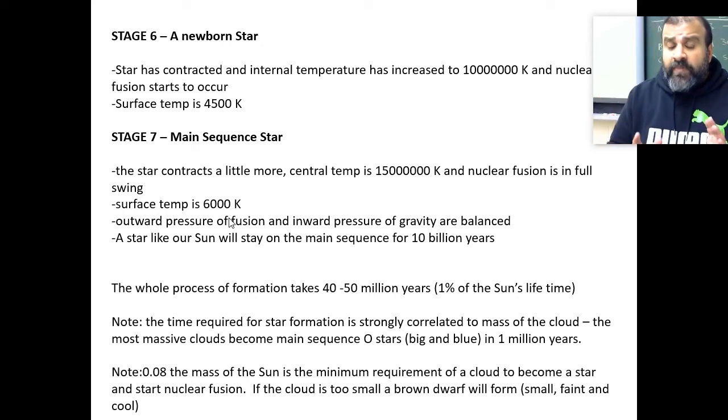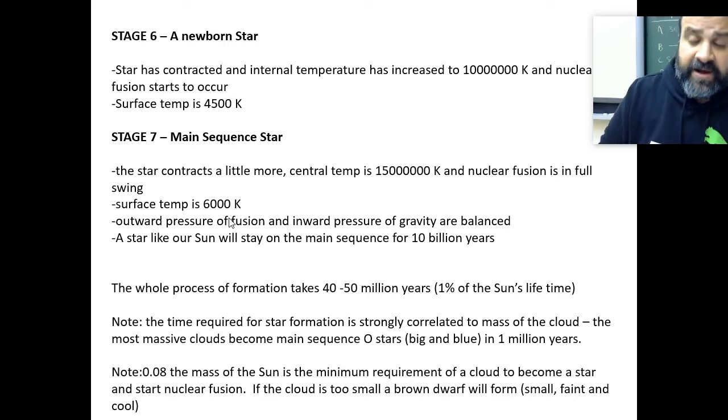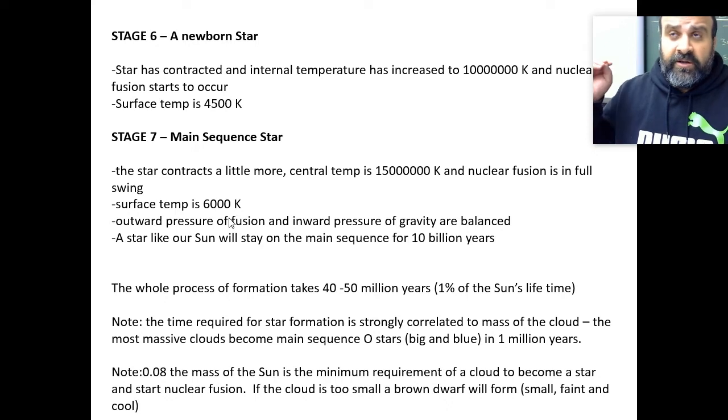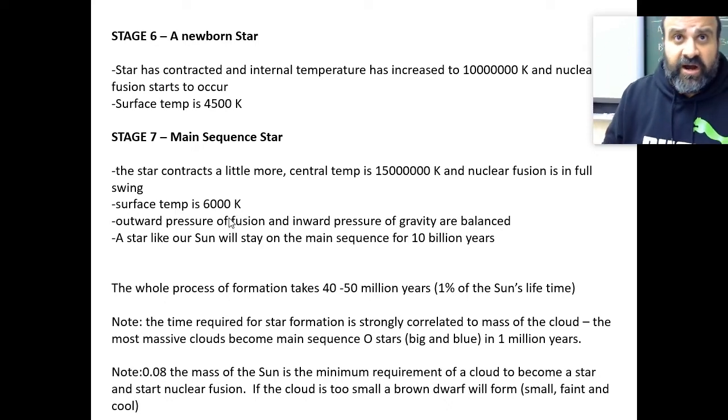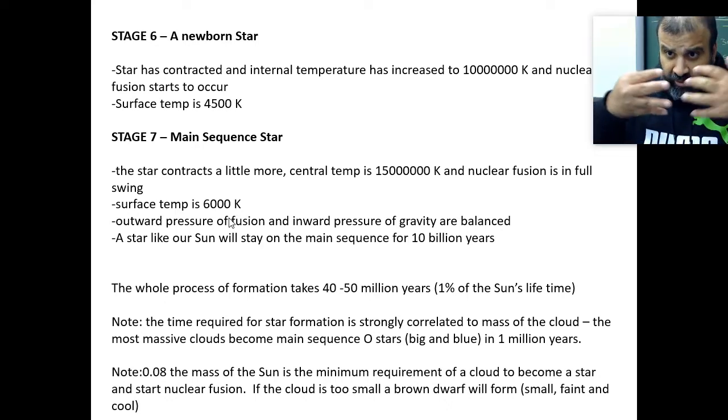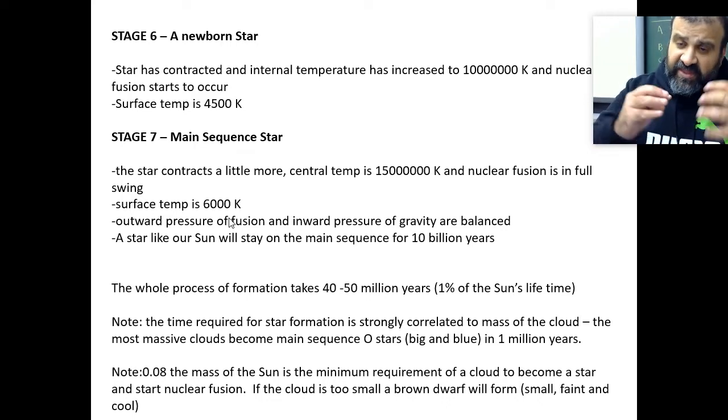And at this point, no matter what size the star is, no matter how hot it is, if it's a very hot type O, giant blue star, or a cooler red star, right? It doesn't matter. The same thing is happening. You've got the inward force of gravity pulling all the gases and everything in, right?